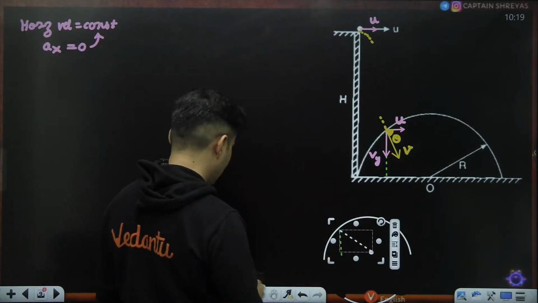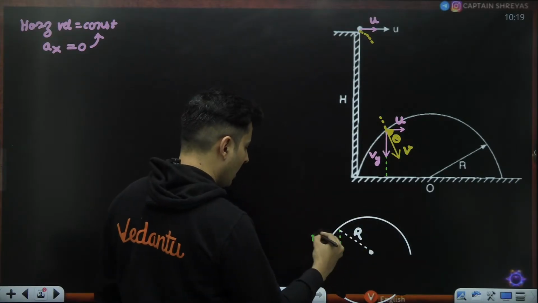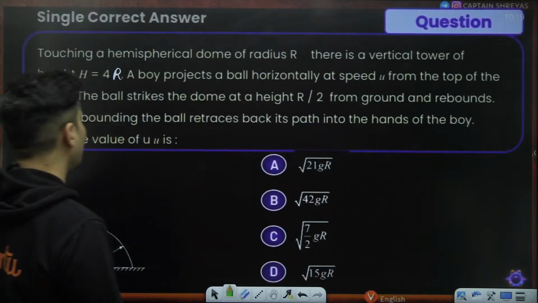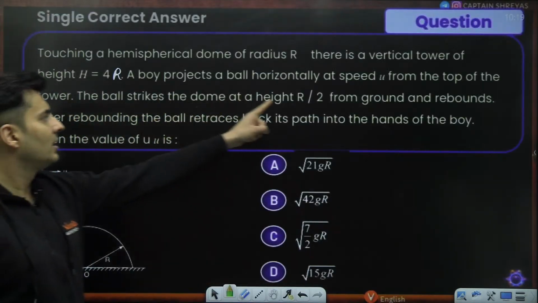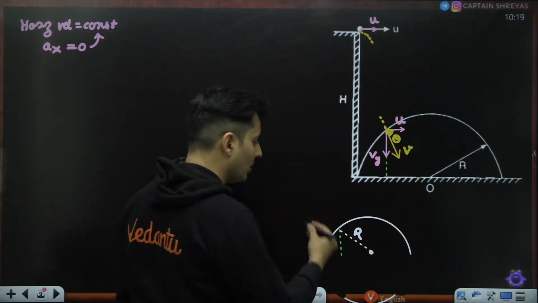It is basically r, so I'll put r over here, and this is nothing but r by 2. That is what is given to me. The ball strikes the dome at a height of r by 2 from the ground and rebounds back.